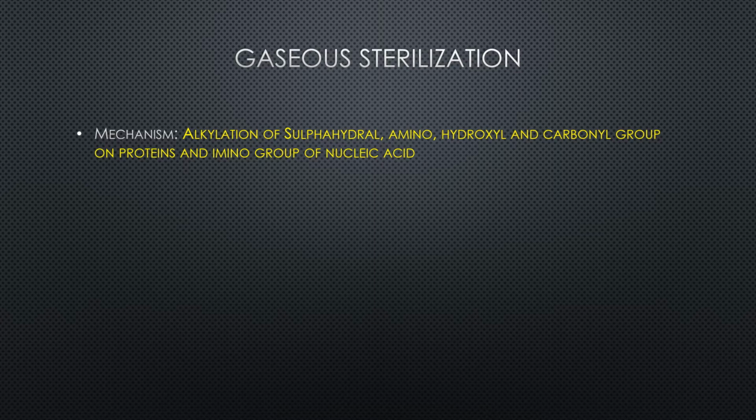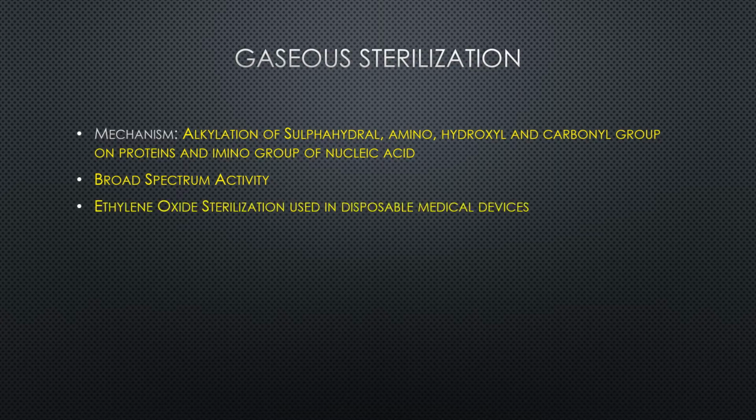Due to the alkylation, lethality occurs, and this lethality increases with increasing concentration, exposure time, temperature and humidity. These gases have broad spectrum biological activity, and have found application in sterilization of electrical equipment and surface sterilization of powders.